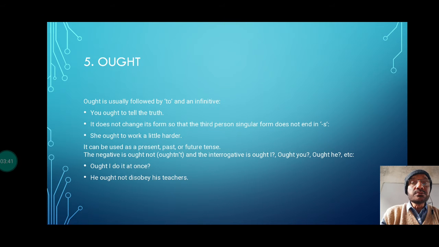It can be used as present, past, or future tense. The negative is ought not, and the interrogative is ought I, ought you, ought he, etc. Ought I to do it at once? He ought not disobey his teachers, right?